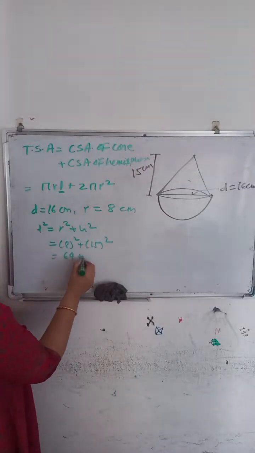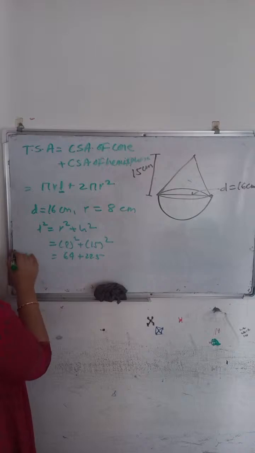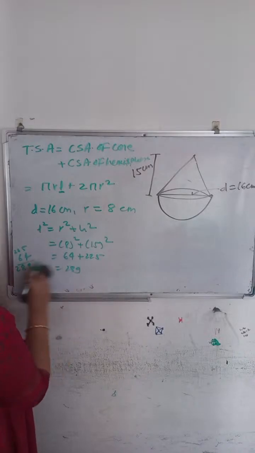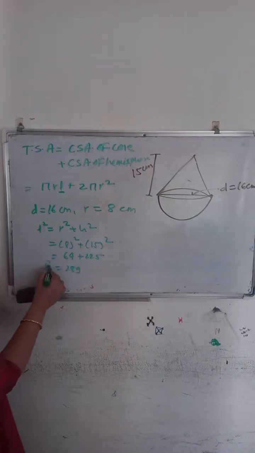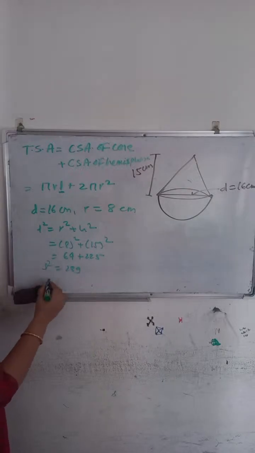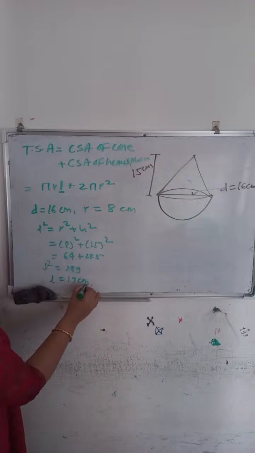So 64 plus 225 is 289. 289 is a perfect square, check: it is 17 square. So L square is 289, and L is equal to 17 centimeter we got.